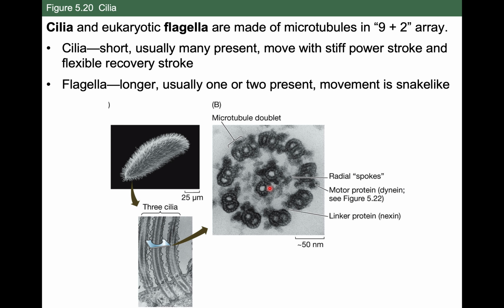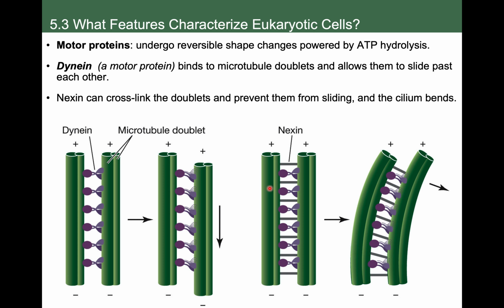So, why that unique arrangement? Well, what's happening is those microtubules are all connected to each other with this motor protein called dynein. And these dynein molecules will all change their shape kind of simultaneously. And when they do that, that would try to slide the microtubules basically past each other. So the one on the right here would want to slide down.